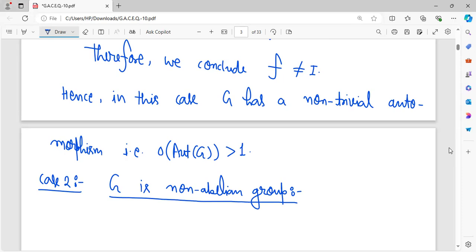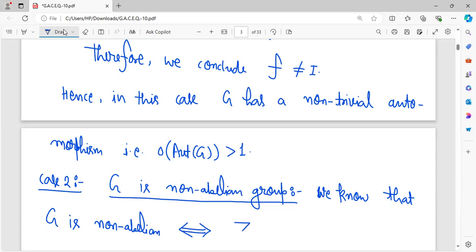Now we know this fact: G is non-abelian if and only if the center of G is properly contained in G. Actually, we have the fact that G is abelian if and only if Z is equal to G. So we want to translate it in a contrapositive way.